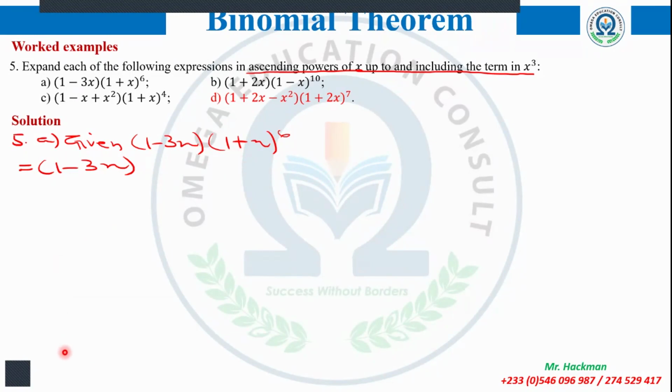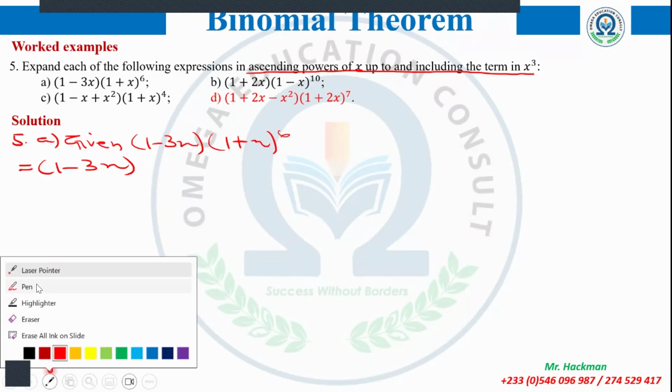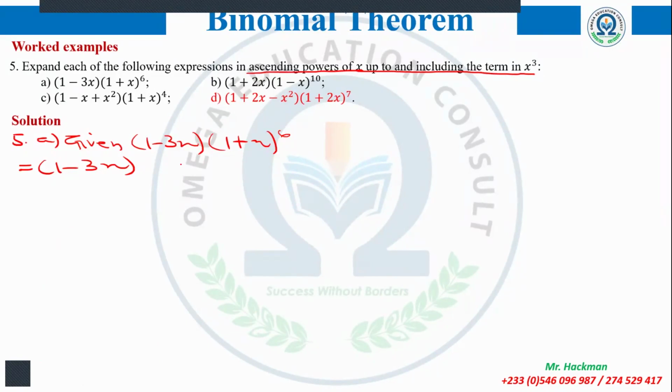At this point, we now proceed to carry out our expansion. But you know that in this expansion there will be ordinary brackets, so I will introduce a bigger bracket, the square bracket.